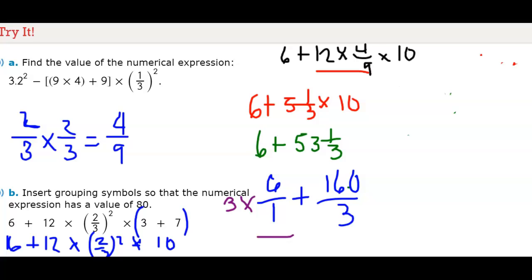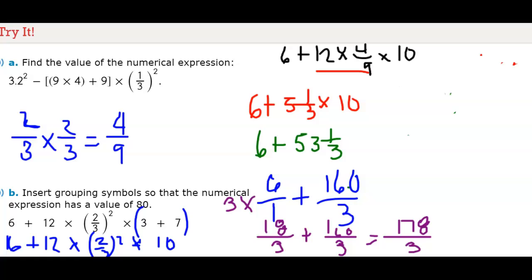So 1 times 3 is 3. 6 times 3 is 18. And then we have 160 over 3. And then you add. So we have 160 plus 18 is 178 over 3 because the denominator stays the same.